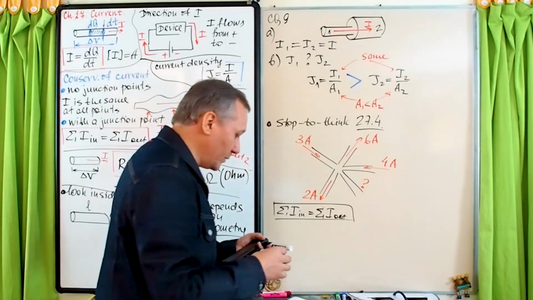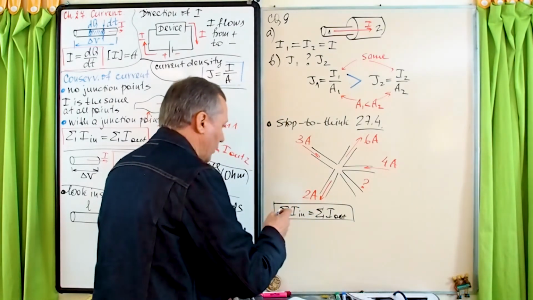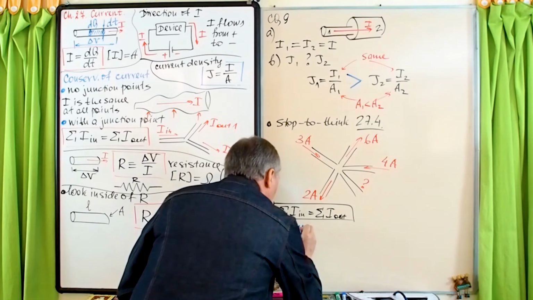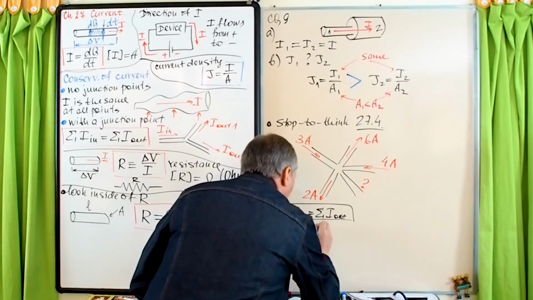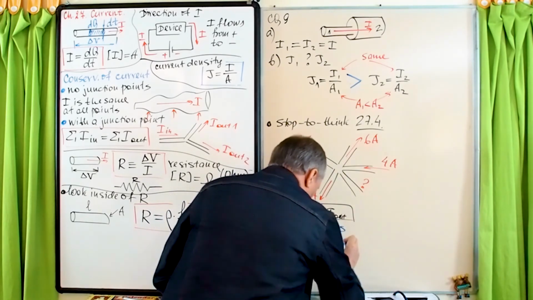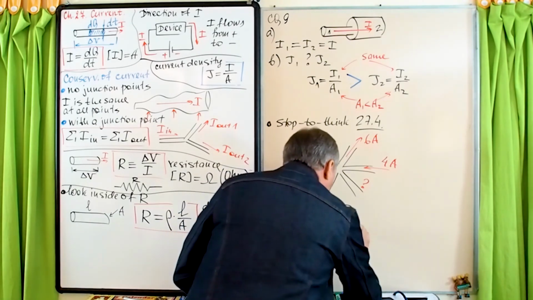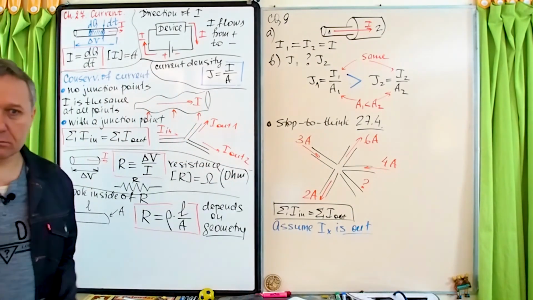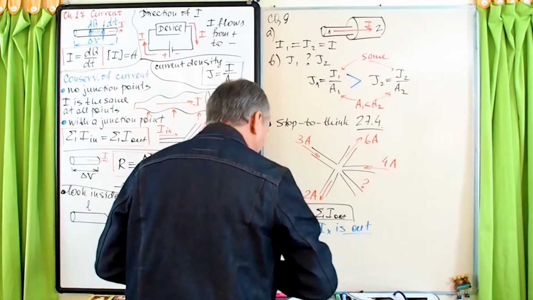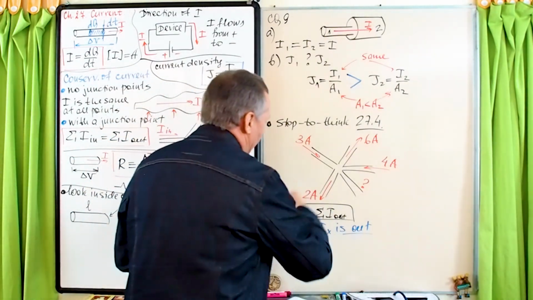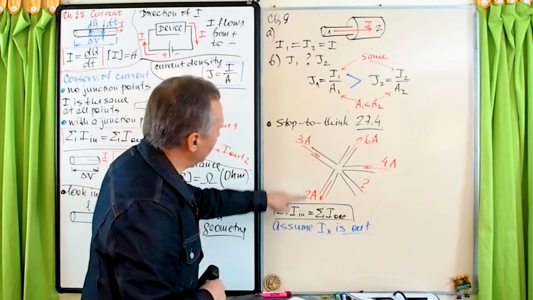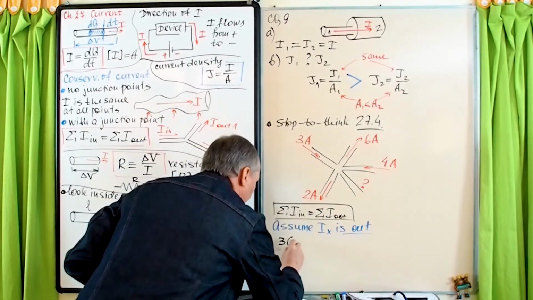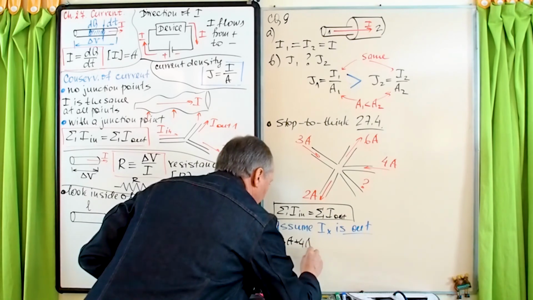We're going to assume our current direction very often. So assume Ix is out, I think. Yeah, out. Gambling. All right, so if that is out, let's count in: 3 amps plus 4 amps.